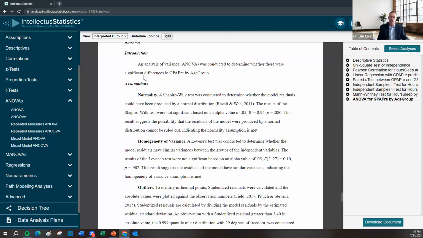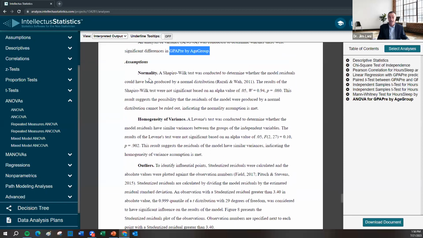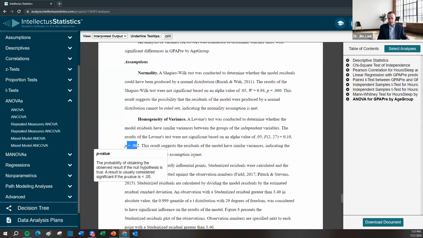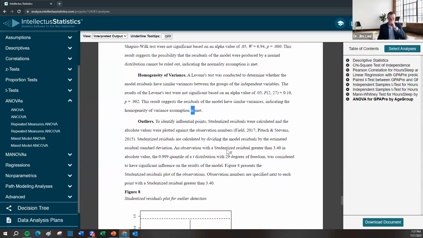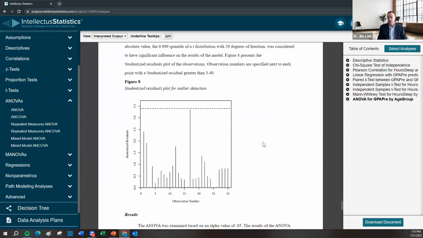Here, as in the other tests, we have an introduction. We're looking to see if there are differences in GPA by age. There's assumptions of normality, run and interpreted. Homogeneity of variance, run and interpreted. We have an outlier analysis.